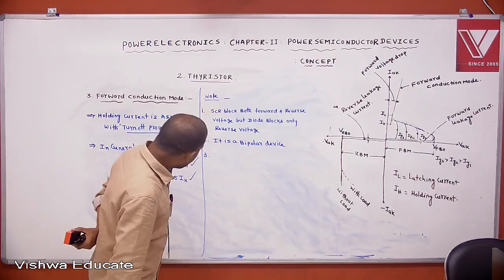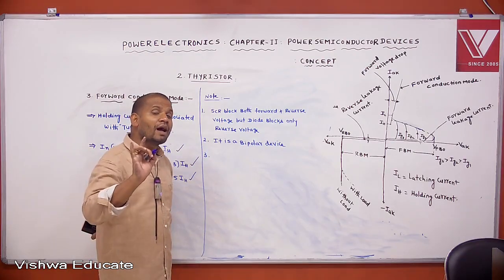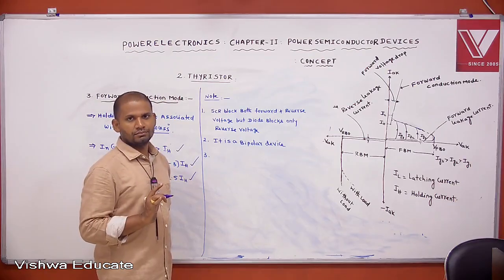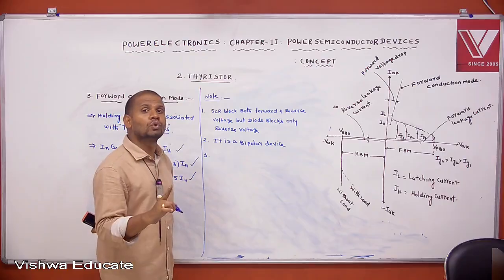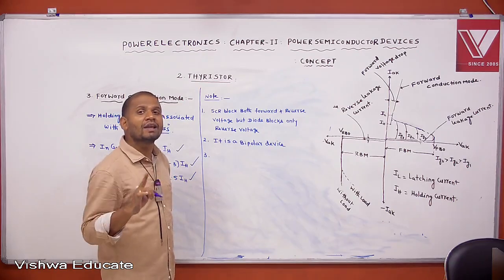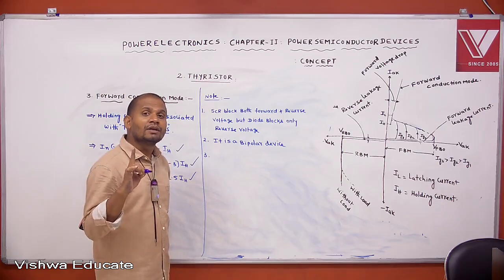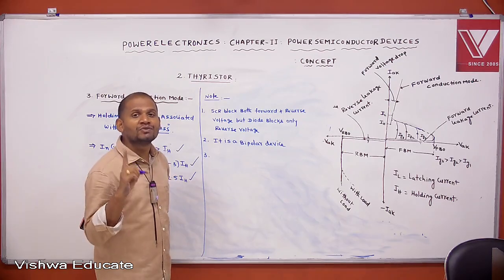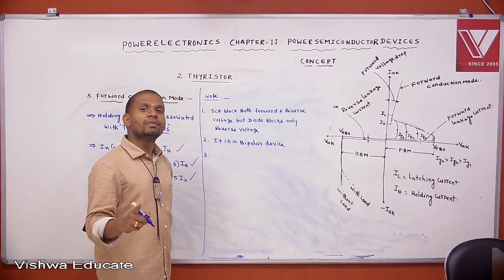See, another observation. For reliable turn on of SCR, the gate must be kept on until the current through the SCR reaches the latching current. The gate turn on time, or gate pulse width, must be maintained up to the latching current.